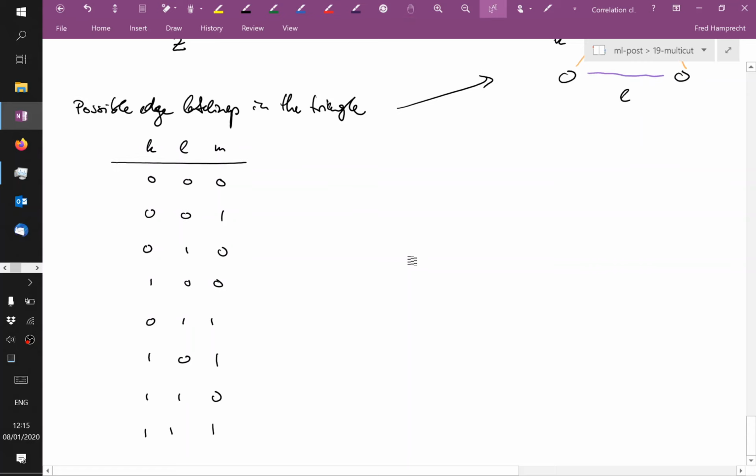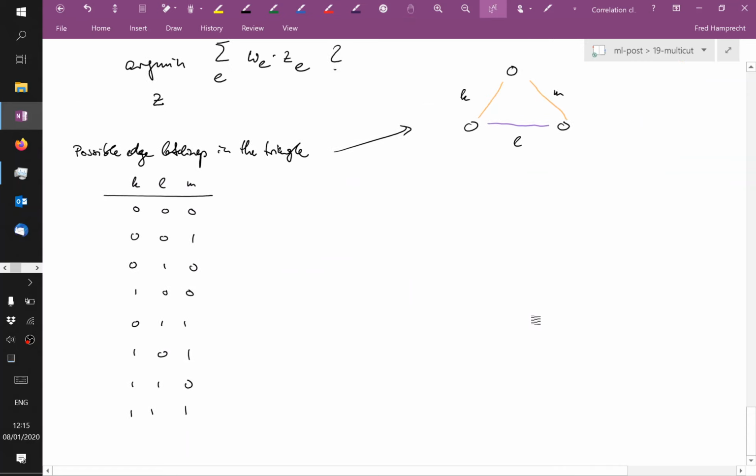So the labeling 0, 0, 0 means don't cut any edge. Everybody is in a single big family, and that is okay. Cutting a single edge, as we have just seen, is not okay. So there is no node labeling that would correspond to this edge labeling. So these here are not okay.